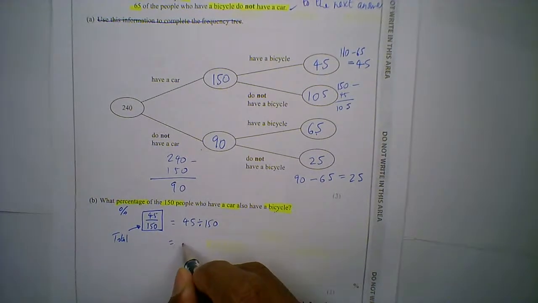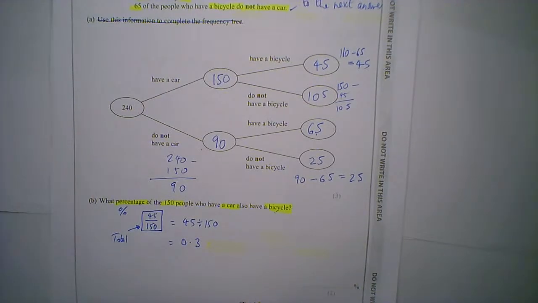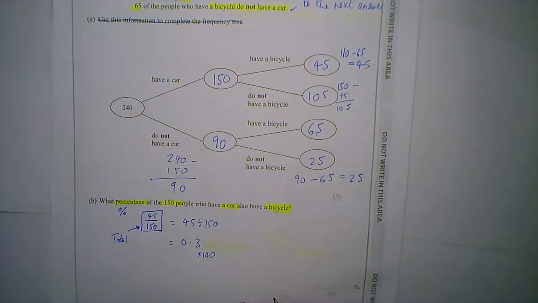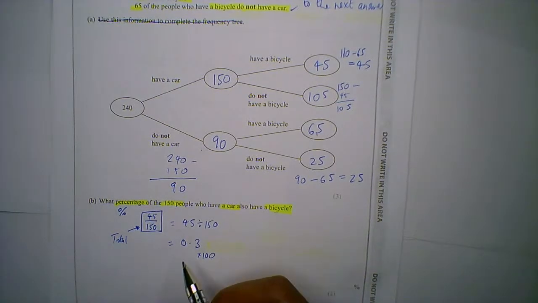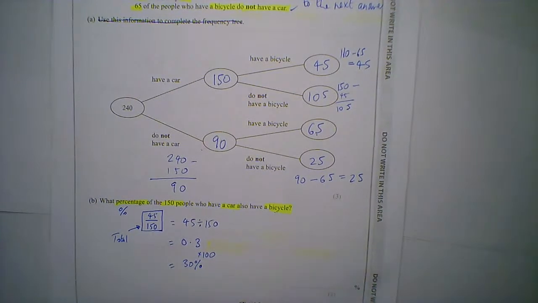That gives me 0.3. And now how do I change this to a percentage? I multiply it by 100. So 0.3 times 100 gives me 30%. And that's my final answer, 30%.